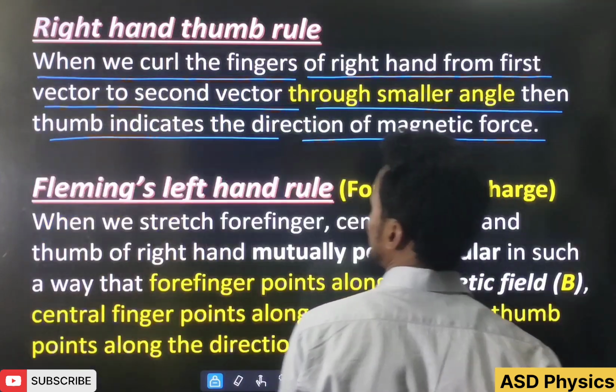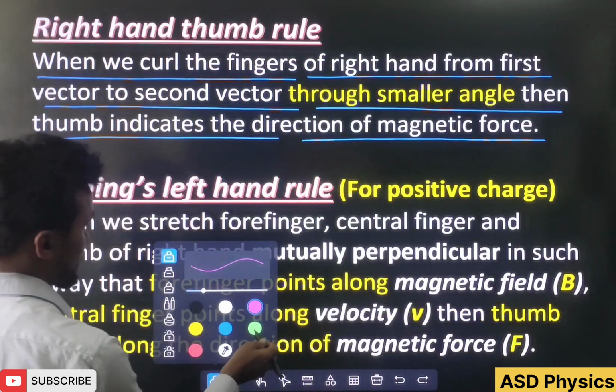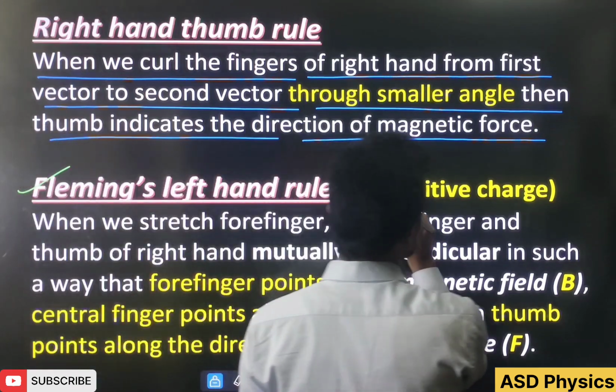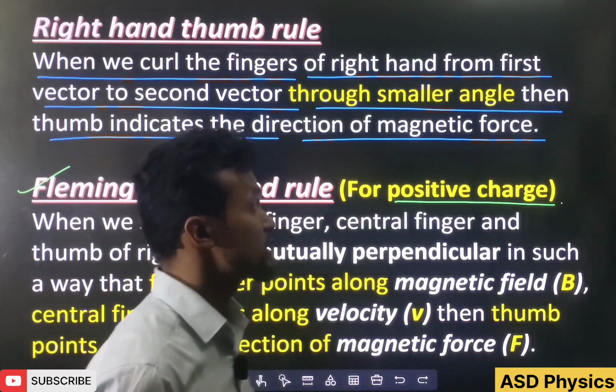Now students, after learning the right hand thumb rule, one more rule is there, Fleming's left hand rule. Remember that this is applicable for the positively charged particle.